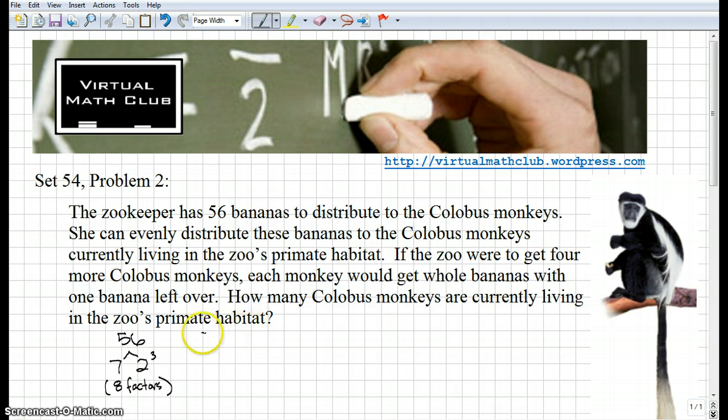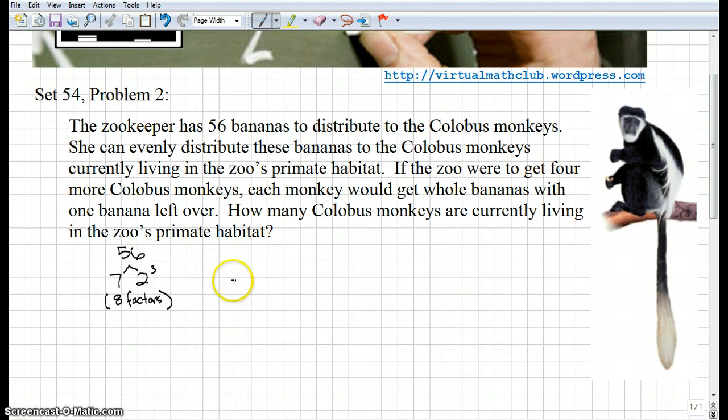So that helps because then I can write out the factors here. Let me scroll down just a hair, give us some more room to work. All right, so the factors are 1 and 56, or 2 and 28. I could divide it by 4, and 4 times 14 is 56.